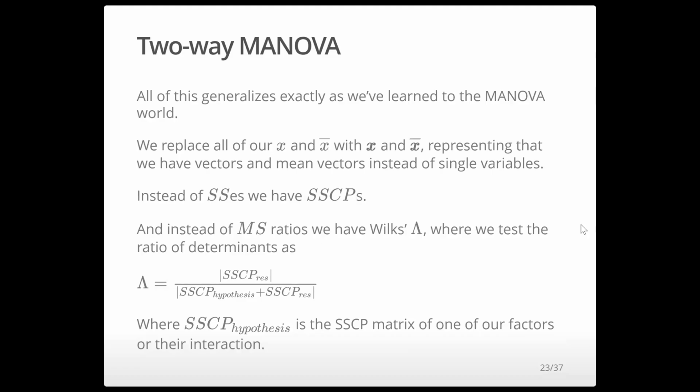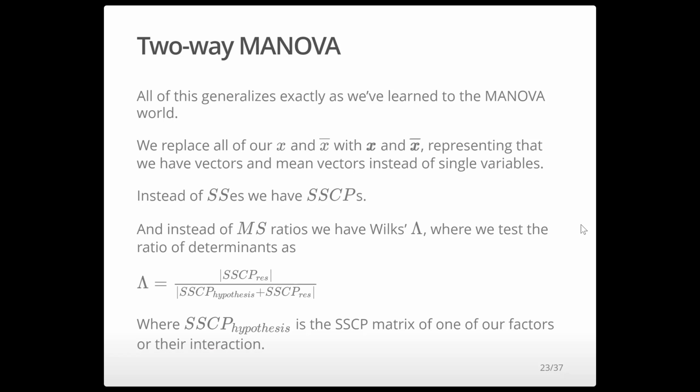So all of this generalizes, just as we've learned, to the multivariate world, or MANOVA world. We're replacing all of our single variables, our x and x bar, by bolding them, which represents that they're now vectors and mean vectors instead of single variables. Instead of sums of squares, we have sums of squares and cross products.